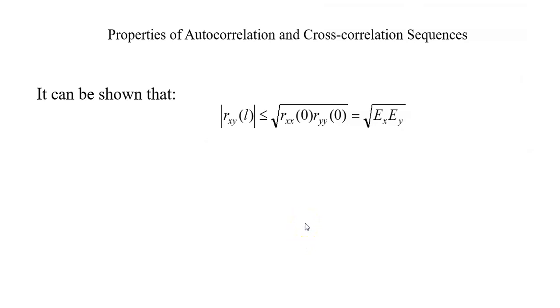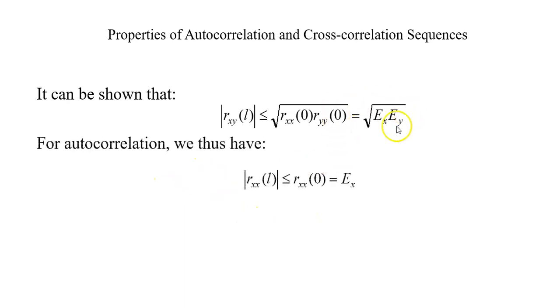Properties of autocorrelation and the cross-correlation sequence. It can be shown that this is about the energy of x and the energy of y. If we have the autocorrelation of x at zero lag, we have the energy of x. If we have the autocorrelation of y, we have the energy of y.